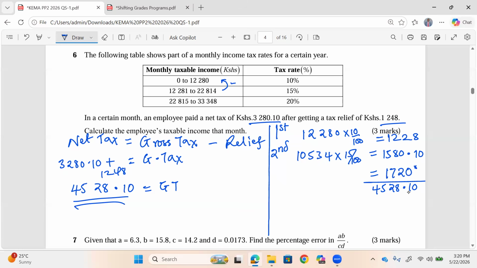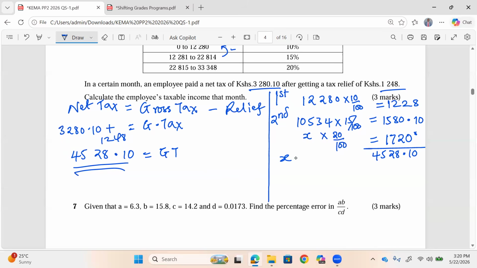So that the total tax adds up to 4528. With this, we can say there is a missing value here, a taxable income, which is being taxed at 20% to give us 1720. So to remain with X, we multiply both sides by 100/20.